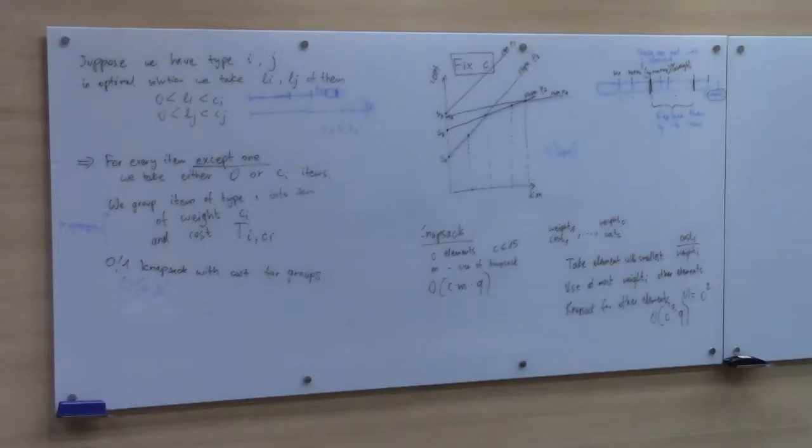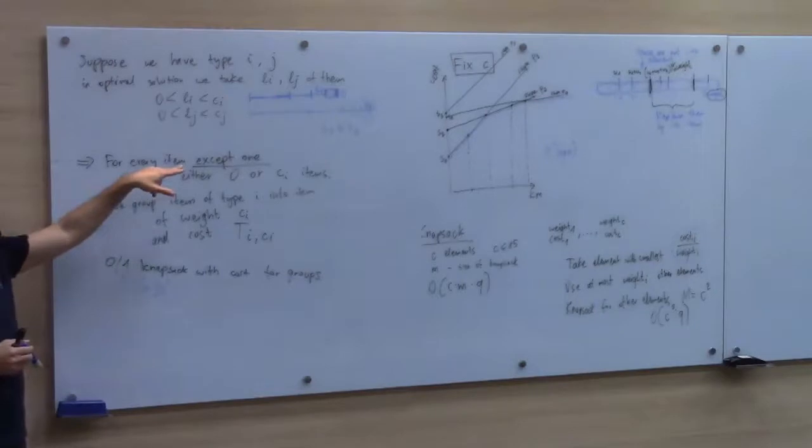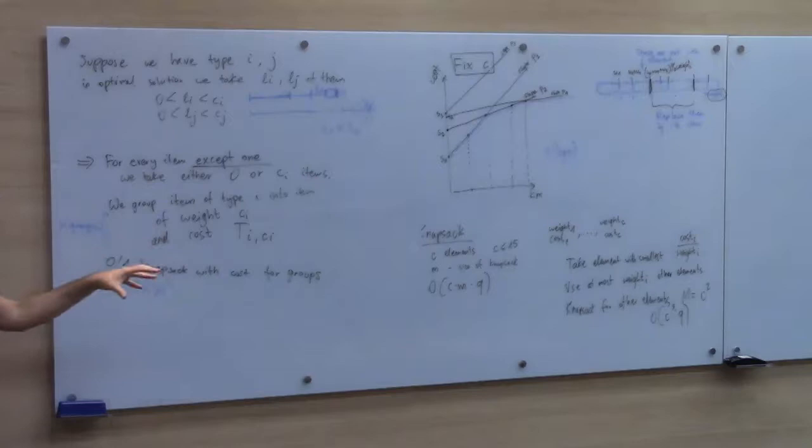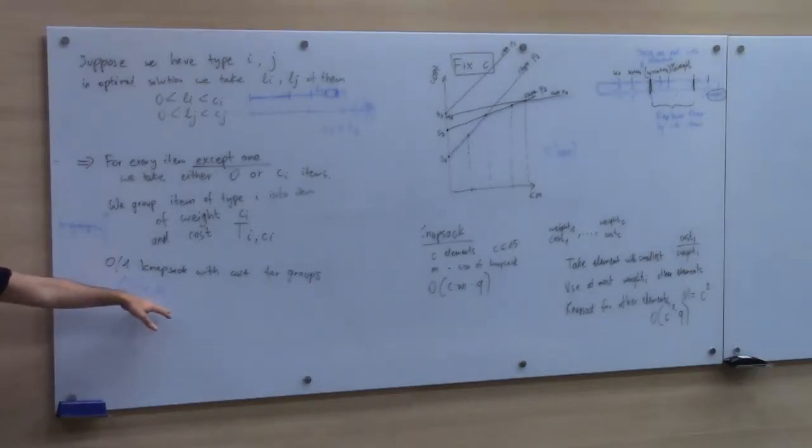So actually, we will iterate for every such item. We will fix the number I, and we will say, okay, this type of item is not taken into a group. And then for every other item, we will bundle them into groups and run the knapsack algorithm for them.